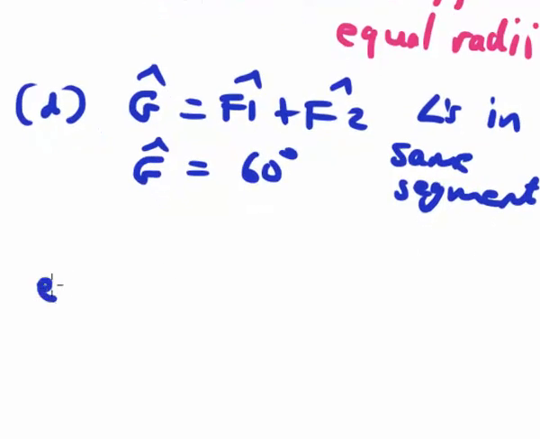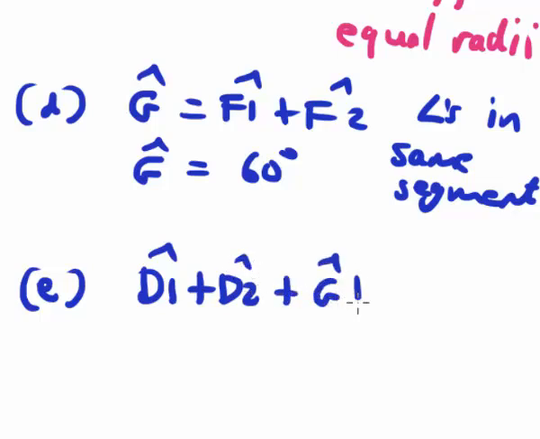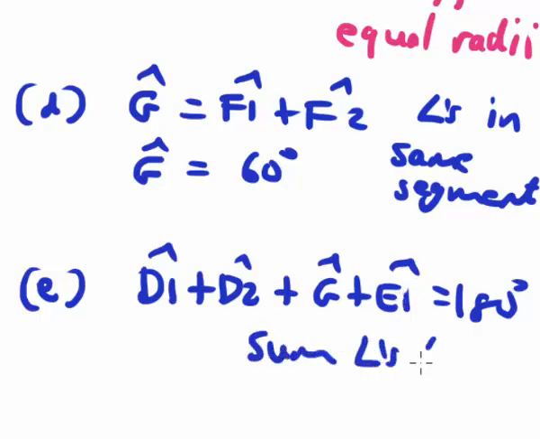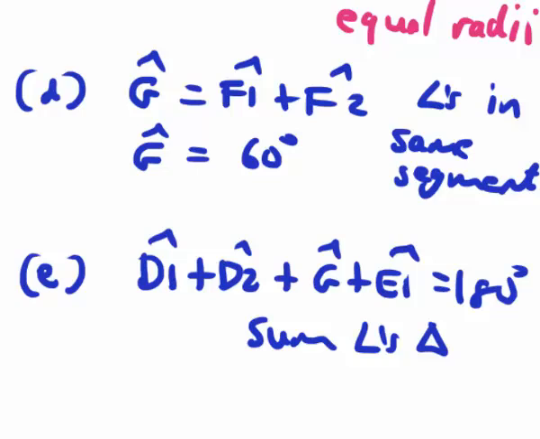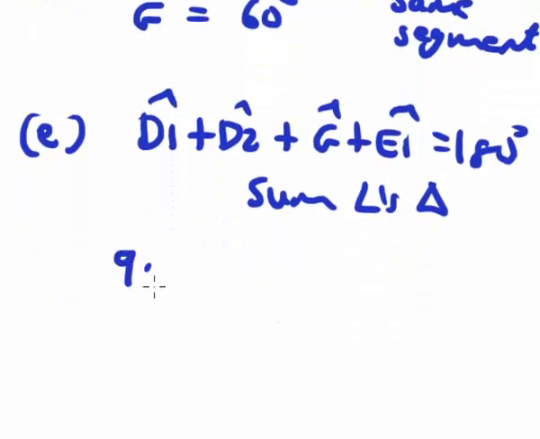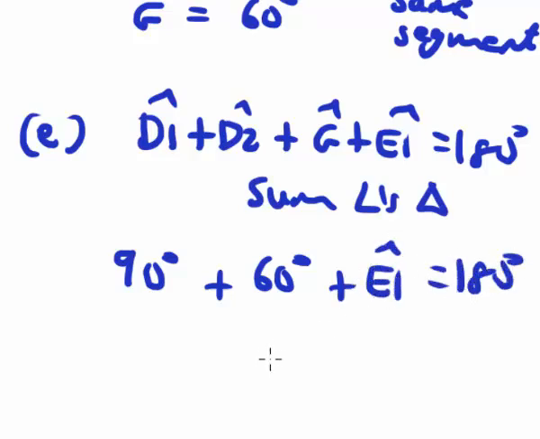So in number E, we can say that D1 plus D2 plus G plus E1 is 180 degrees. Why is that? Sum of the angles of a triangle. But D1 plus D2 is 90, plus angle G we've already worked out to be 60, plus E1 is 180, so logically E1 must be 30 degrees to make up the 180.